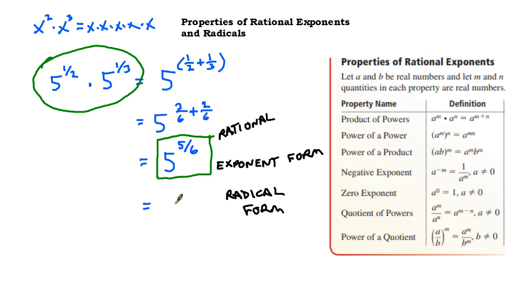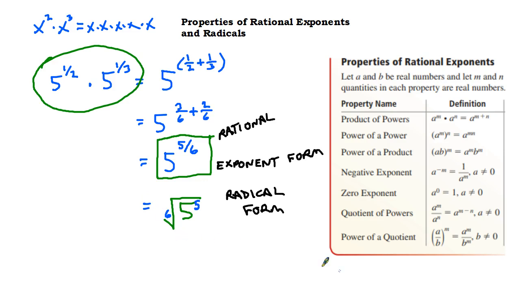And if we were asked to get the answer in radical form, it might look like this. We'll have 5, and remember which part is the power and which part is the root? The root is 6, so we'll put that little number right down here. And the power is 5, and we have choices about where we want to put that. We can either put the power of 5 right inside the radical sign, make it 5 to the power of 5, and then take the 6th root.